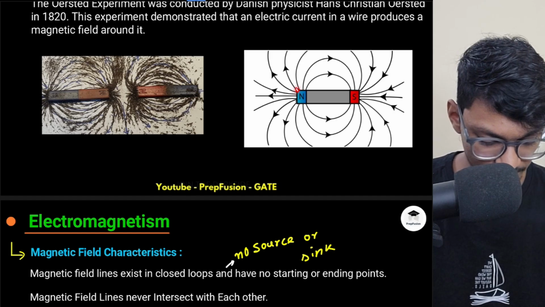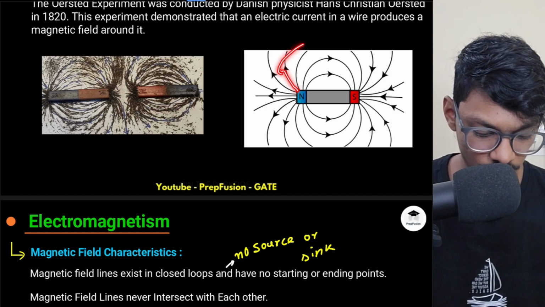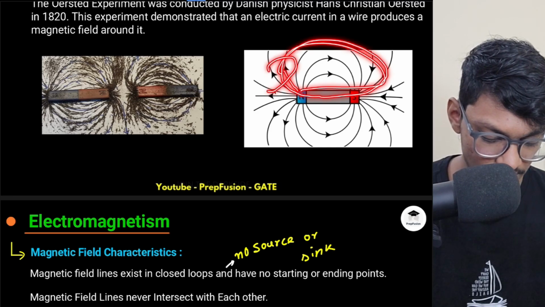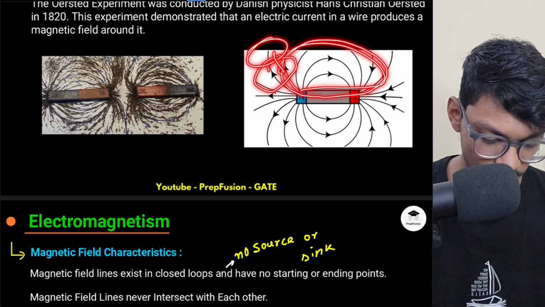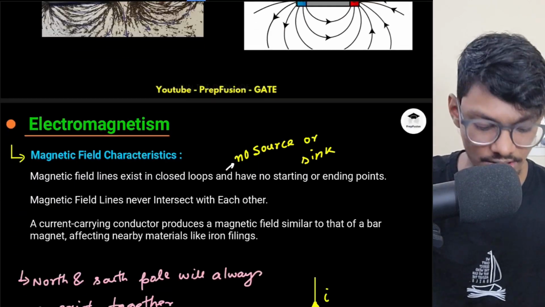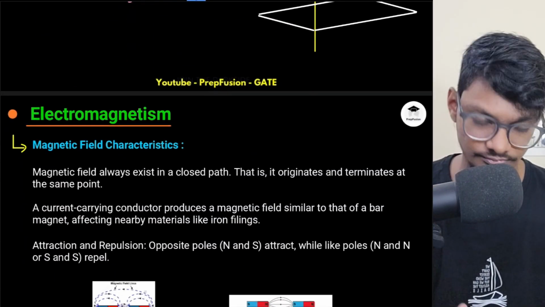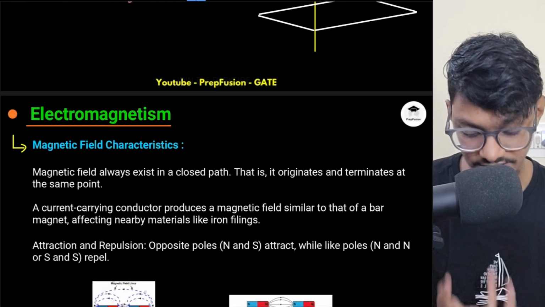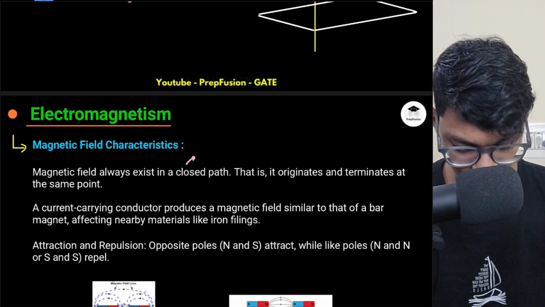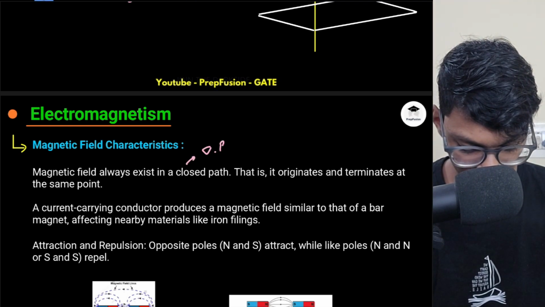Why? Because if this magnetic field line has gone out, it will again come back and join this path. As it is existing in a closed path, what will happen? If I find the flux, it will go out and then come back through the same surface. Whatever surface you want to take, you can take, but that is a fundamental characteristic of the magnetic field. Through this I can directly write that my magnetic field will be solenoidal.